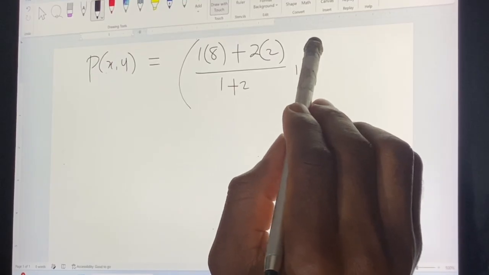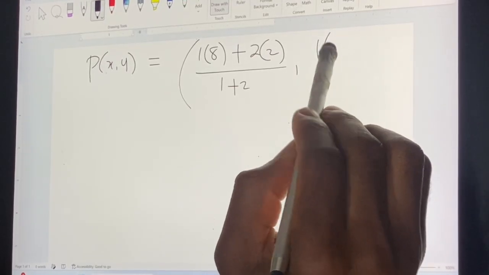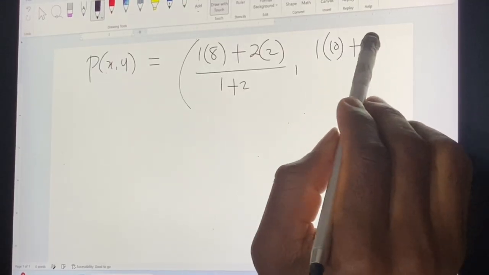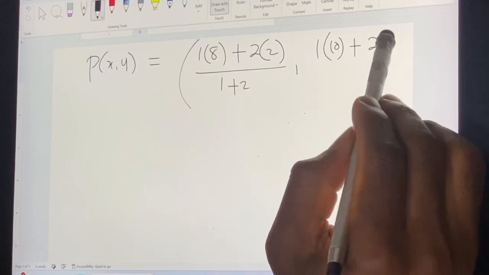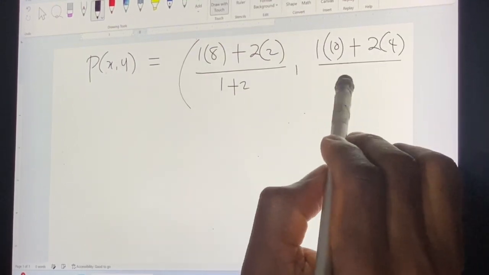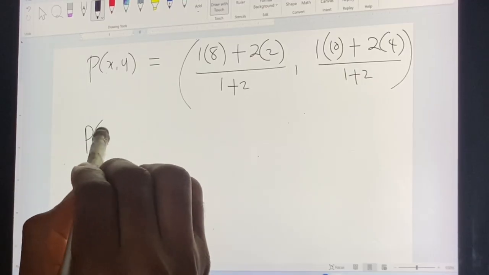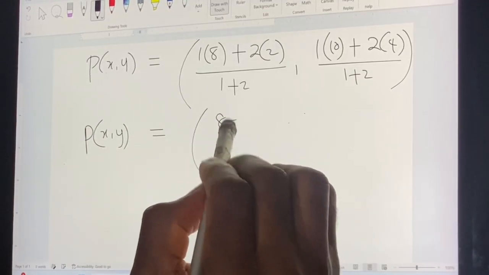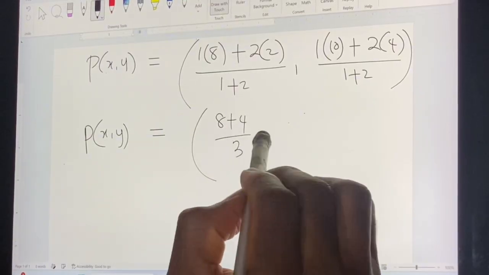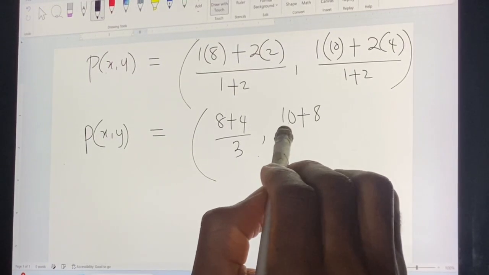Okay, m is 1, y2 is 10, plus n is 2, y1 is 4 over 1 plus 2. Please take note. So P is equal to 8 plus 4 over 3, 10 plus 8 over 3.